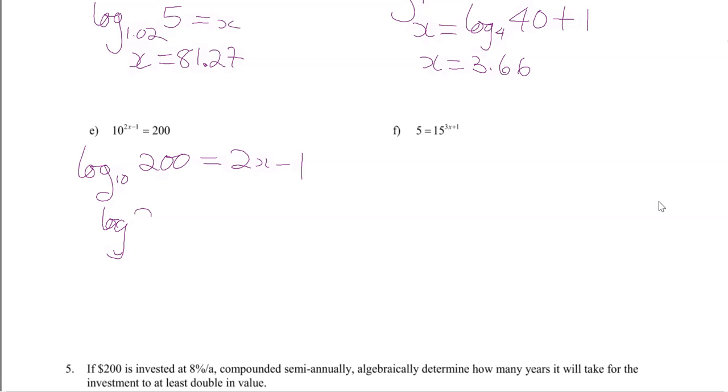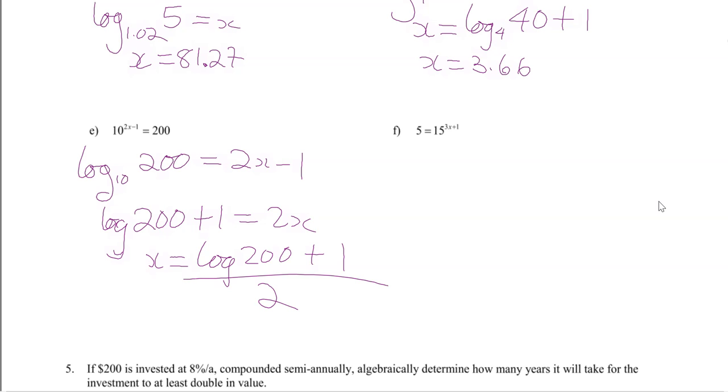So the base 10 log, I can just write log. Okay. A little bit of algebra now. We gotta isolate the x. We gotta solve for x. So we're gonna add 1 to both sides, right? Then we're gonna divide both sides by 2. So x is gonna be log 200 plus 1 over 2.